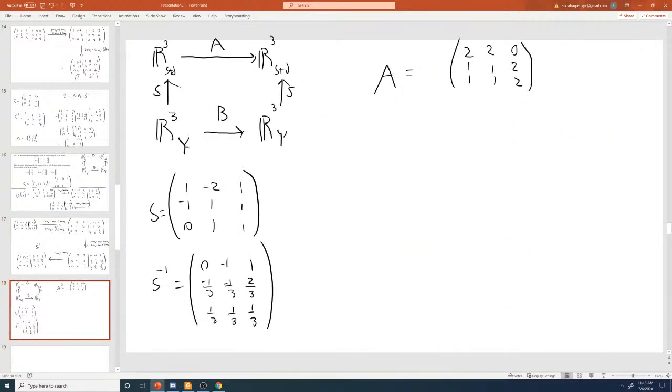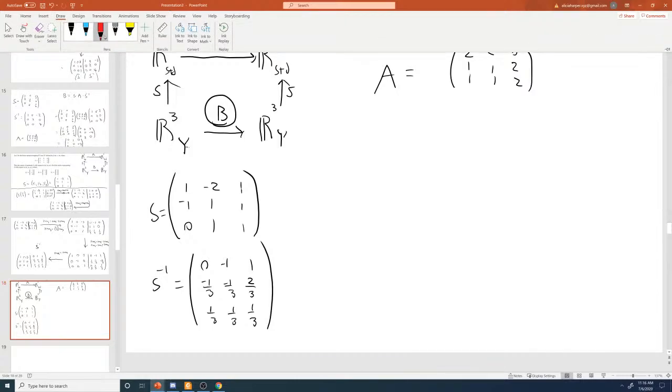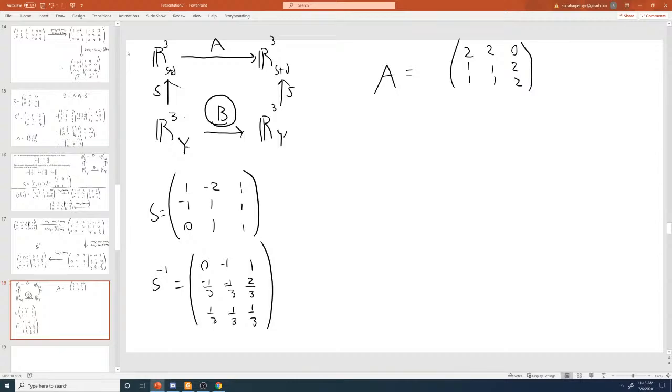So I have A, I have S, I have S inverse, and now what I really want to do is figure out what B is. So to understand B, let's think of the diagram we have. This diagram commutes. So what I can do is apply S to go up to change basis to the standard basis.